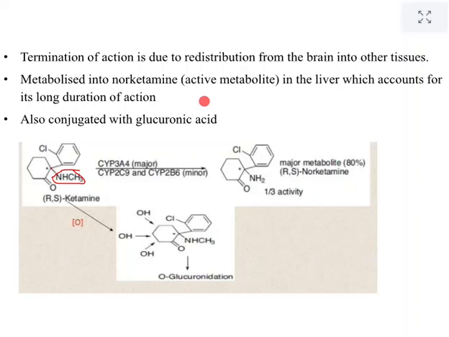So you can see this, what we are saying again, oxidative N-dealkylation is catalyzed by mixed function oxidases or cytochrome P450 enzyme, and you can see this one has 1/3 of the activity, so that prolongs the activity of this drug.